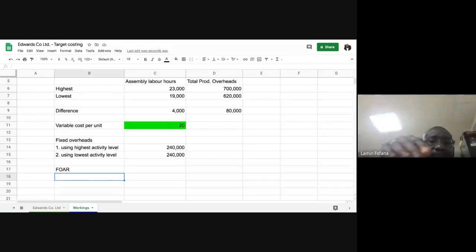So you cannot have 240,000 as your annual, okay? And we have been told that we need to use the annual, because in a typical year, 240,000 assembly hours will be worked by Edwards Company. So these 240,000 assembly hours are our total activity level for the year.